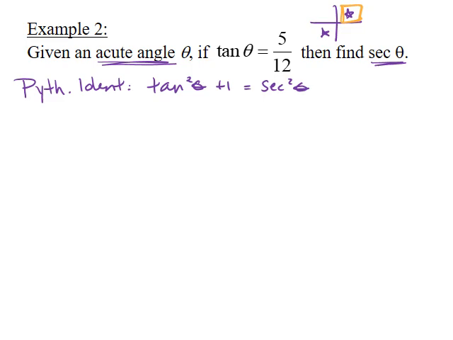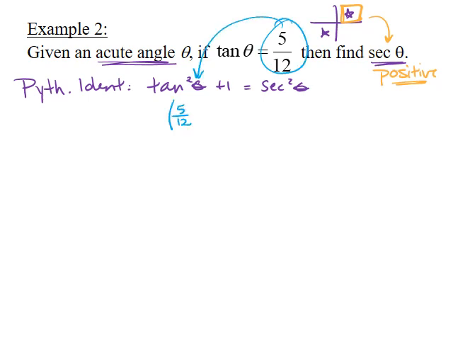And in the first quadrant, secant is positive because both sine and cosine are positive there. So of course the reciprocal will also be positive. So when all is said and done, I need to make sure that my answer is positive. Well, we know what tangent of theta is, so I'm just going to plug that in here.